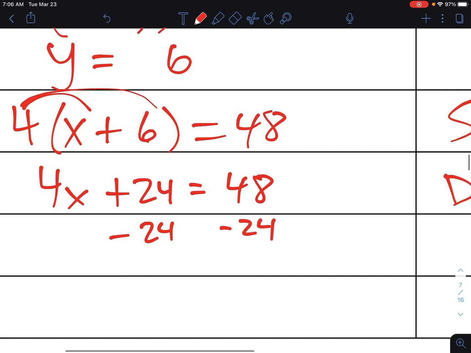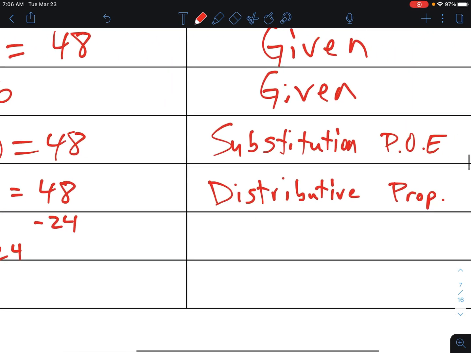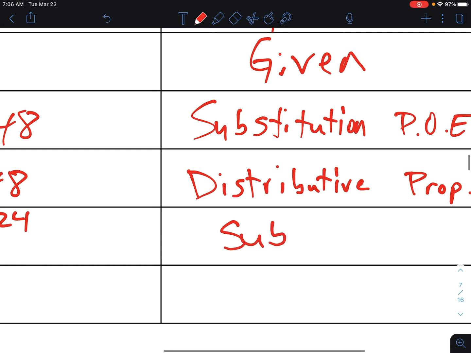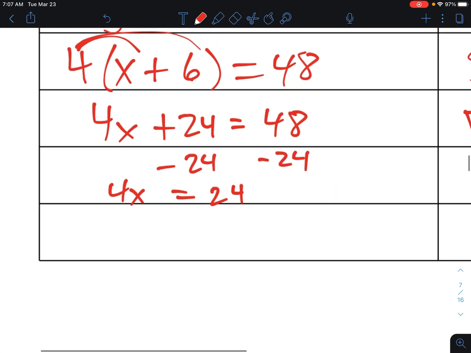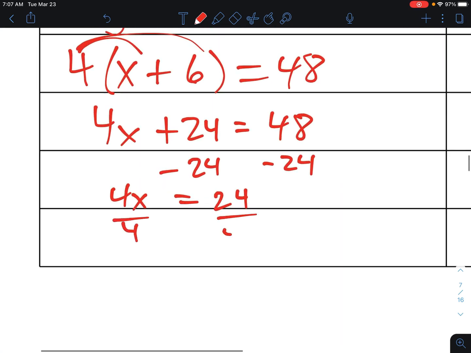And we would say, hey, we're going to subtract 24 from both sides. 48 minus 24 is, ooh, you're right, 24. That was the subtraction property. And then we would divide by 4.